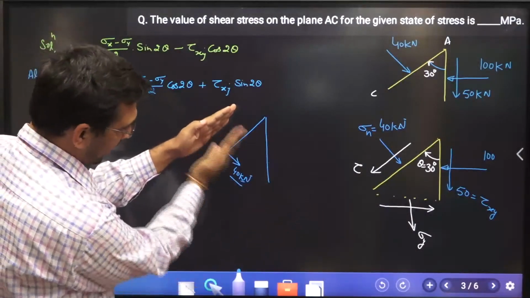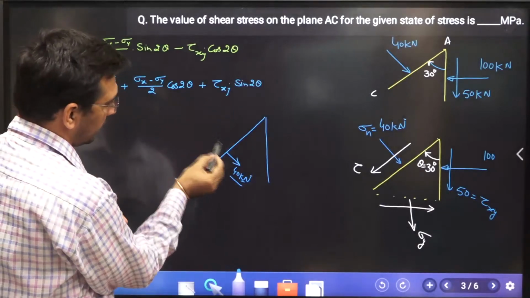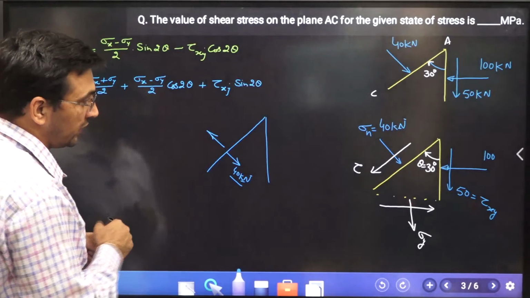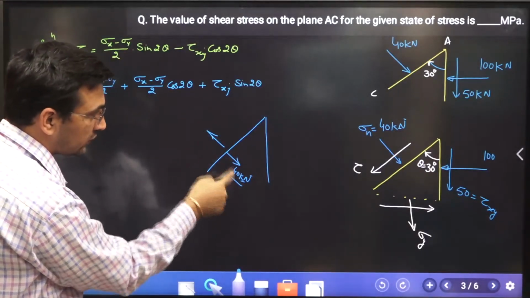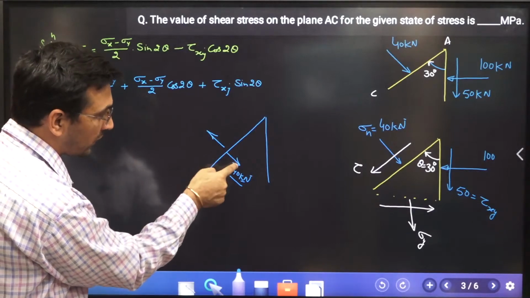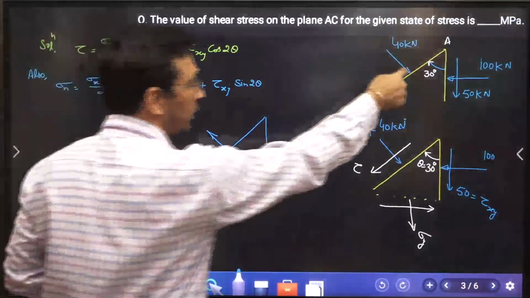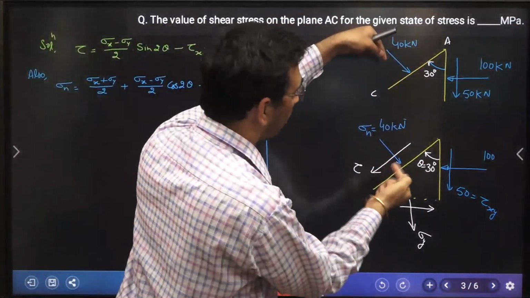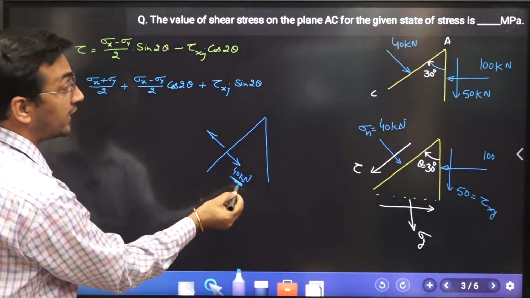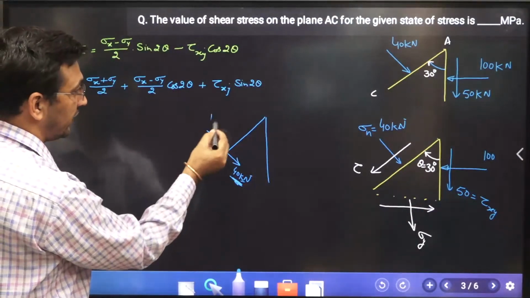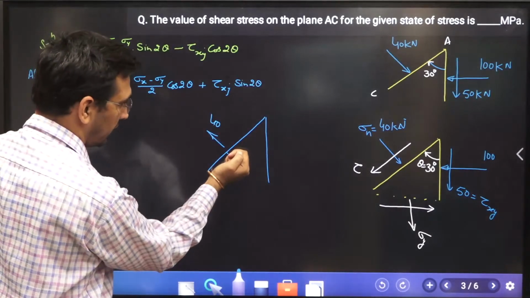If it is pulling this plane this way, then in the other direction it will be having this way. So if I'm showing the force this way on the same plane, this is not compressive, this is tensile, because it will be pulling this plane. Same way over here, if I'm showing this way, it is compressing this particular plane. So this will not be compressive, but this will be tensile. So the interpretation of this will be this one.